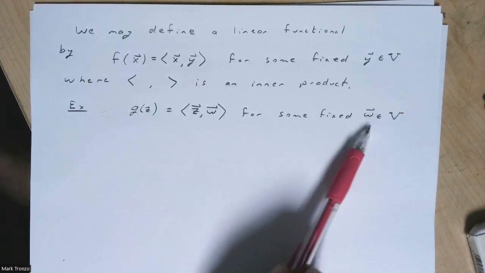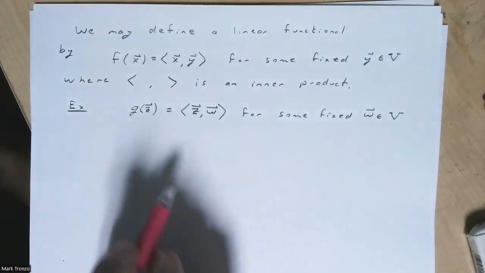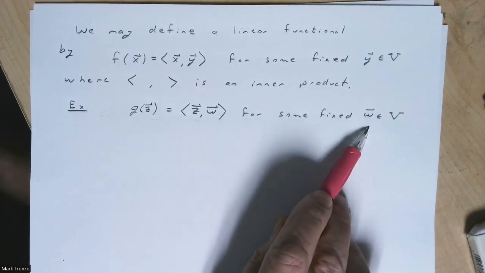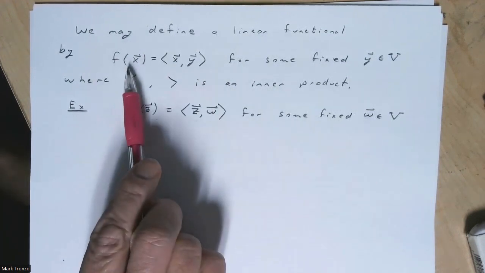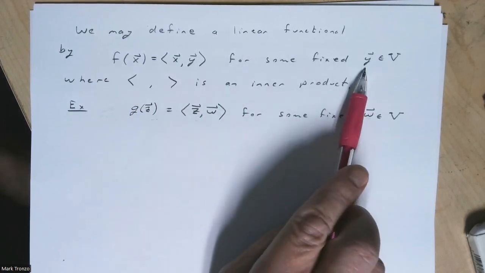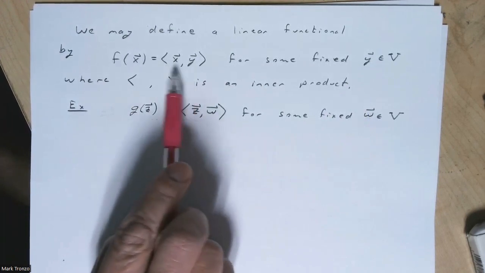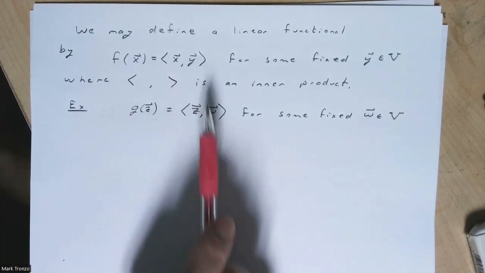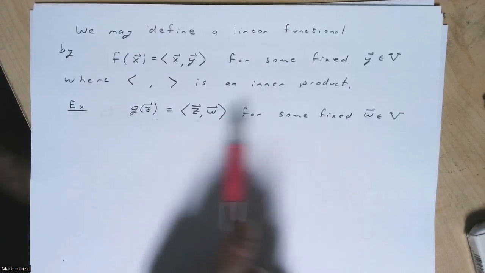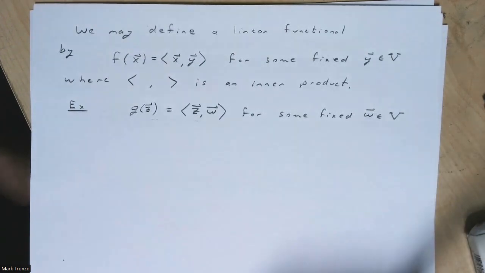So you're fixing w, and you can put any value of z in here, and you'll get different scalars for this fixed w. Same thing up here. This is a linear functional where y is fixed; put in different values of x, and you keep getting out different scalars. Here, this w is fixed; put in different values of z, and you get out different scalars.